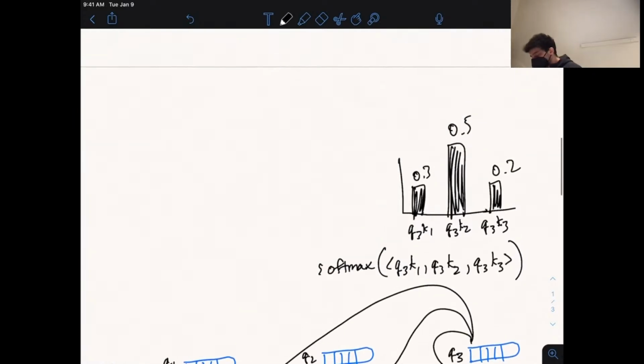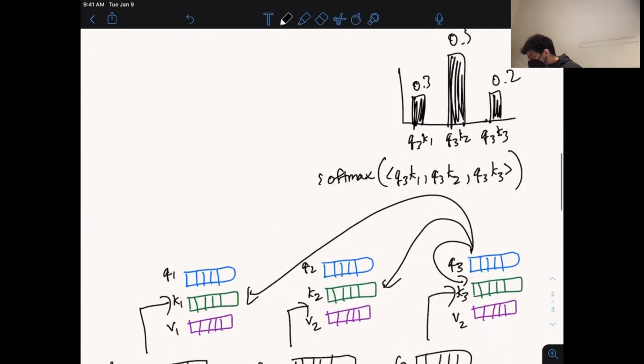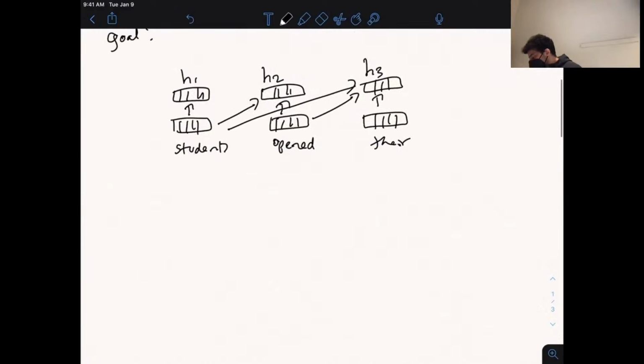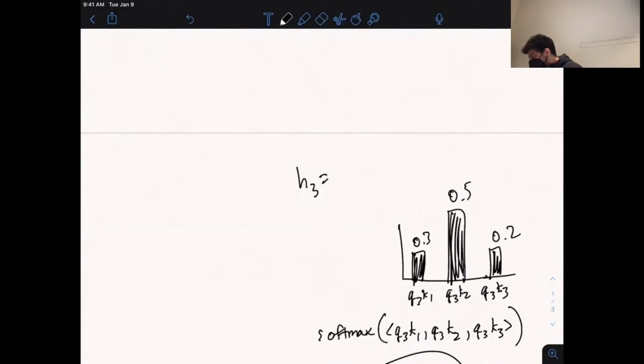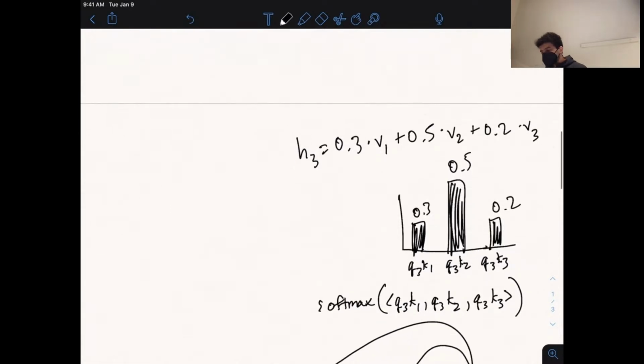So if I want to compute, say, this H3 here, now H3 equals 0.3 times V1 plus 0.5 times V2 plus 0.2 times V3. So this will give me some vector which I can use to predict the next word, predict books, through a softmax layer.